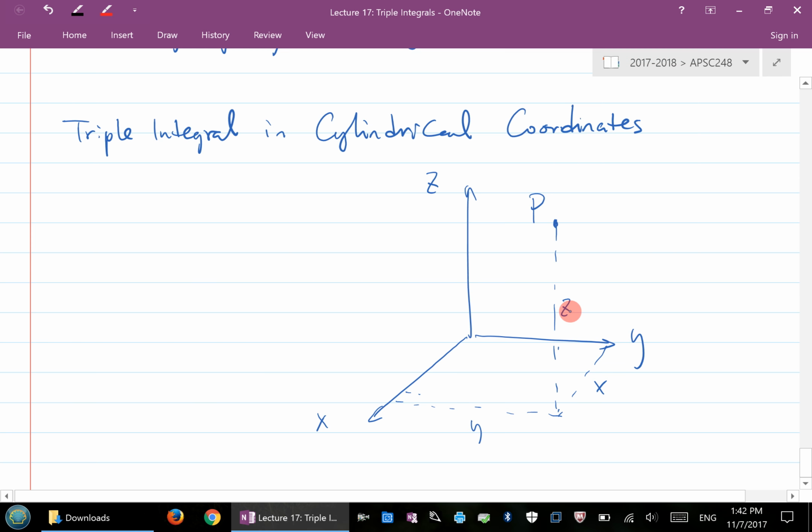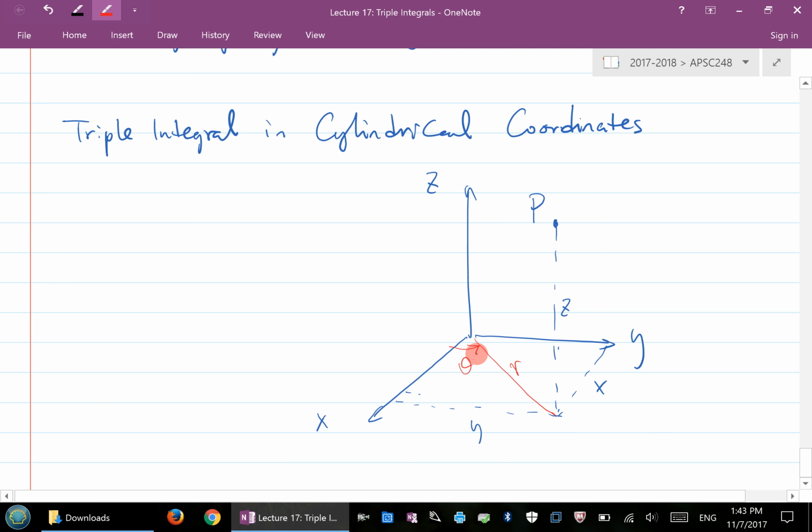However, alternatively, we can use another set of variables. Instead of x, y, z, we can use another set of variables to represent the location of the point P. The other set of variables we can use is this. I will draw a line from the origin to this point here. Label this r, and this theta.